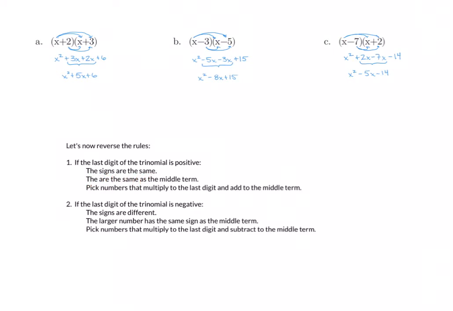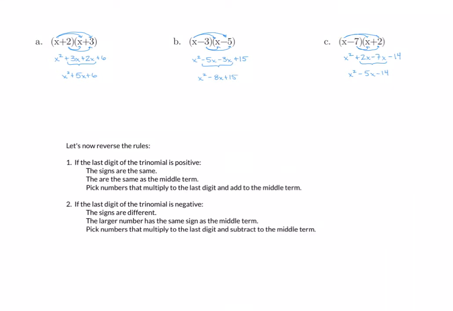Now, how do I determine whether they're both positive or both negative? For that, we look at our middle term. For instance, here I have a positive 5. That tells me I want two positive numbers. Here, my middle number is negative. That tells me I want two negative numbers. Now, the middle number tells us which numbers we want to pick.